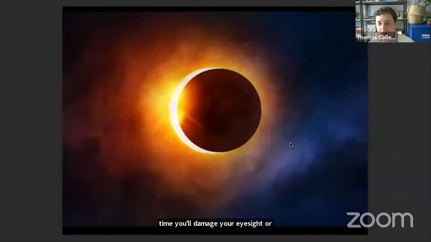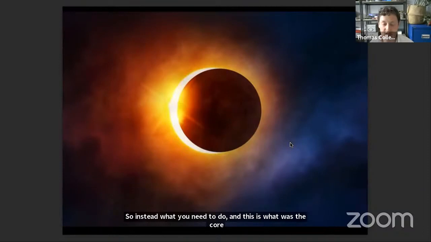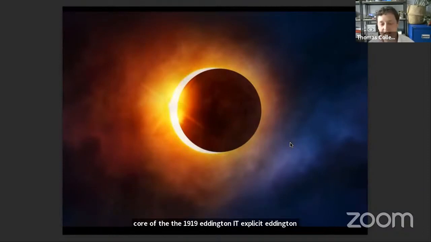So instead, what you needed to do, and this was the core of the 1919 Eddington expedition to test this, is to observe the positions of the stars close to the solar limb during a solar eclipse, where you have the moon blocking out the light of the sun, such that you haven't got that contrast problem of the sun being vastly brighter than any individual stars.